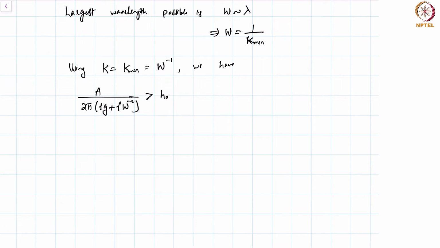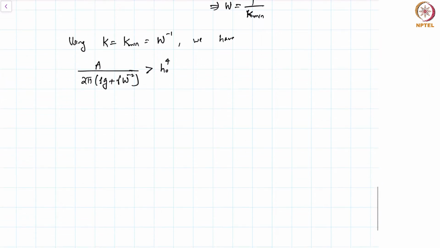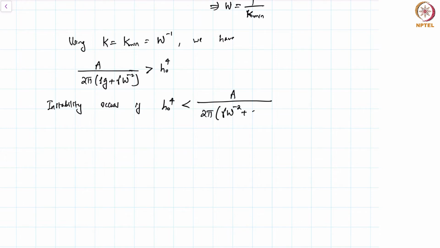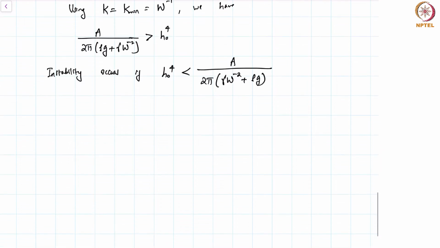This has to be larger than H0 power 4. Okay. Now we have instability. We can say instability occurs if H0 power 4 is less than a value given by A by 2 pi into gamma W power minus 2 plus rho g. Again, remember, viscosity plays no role in determining the criterion for the stability.